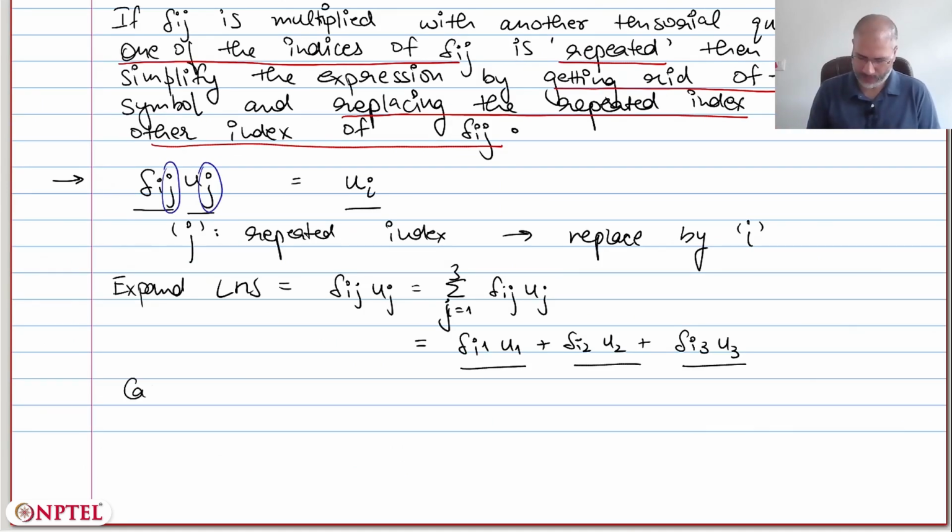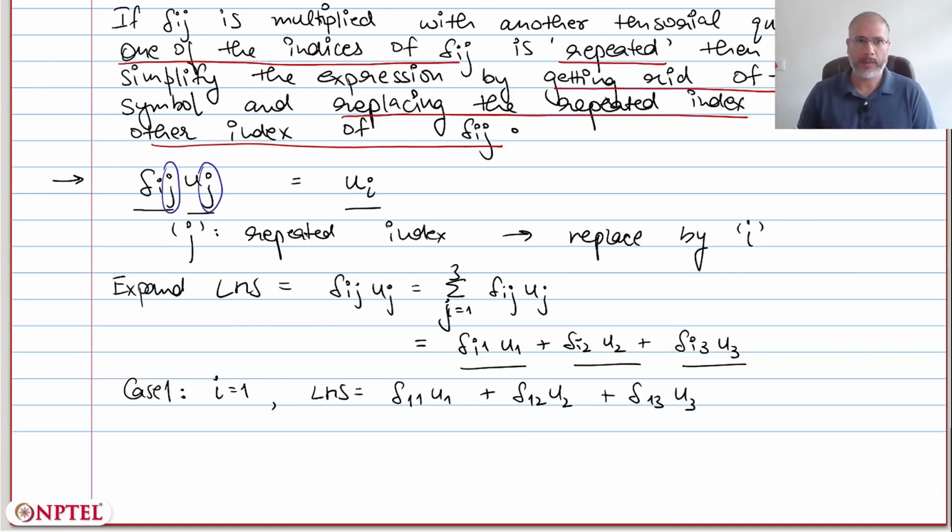So let's take case 1, that i is equal to 1. In that case, the expression becomes delta 11 u1 plus delta 12 u2 plus delta 13 u3. Now delta 11 is a 1, but delta 12 and delta 13 are both zeros. So what we are left with is simply u1.